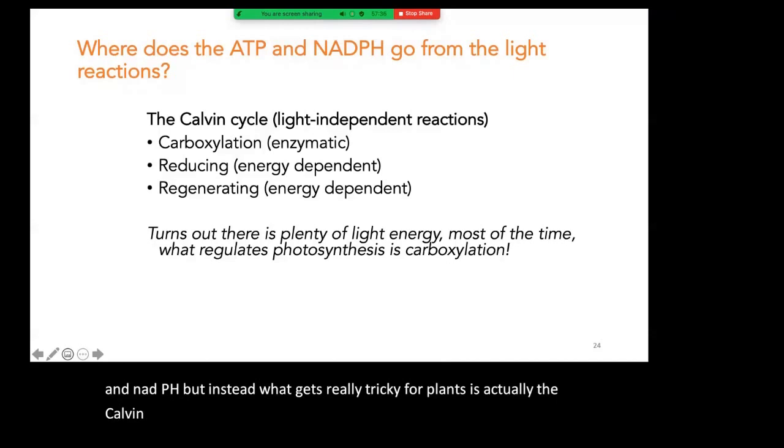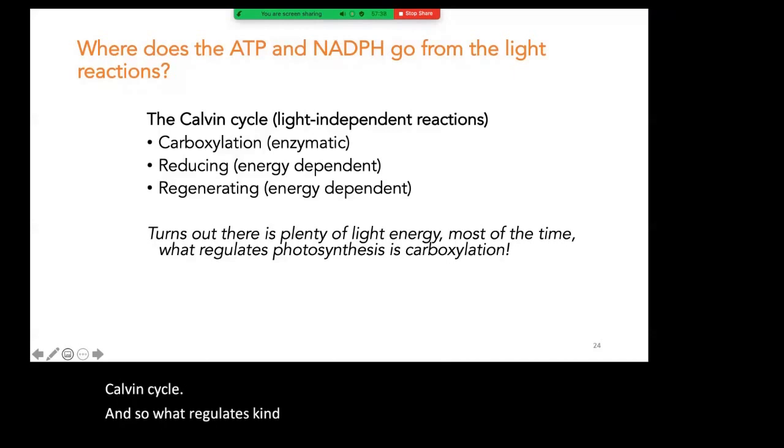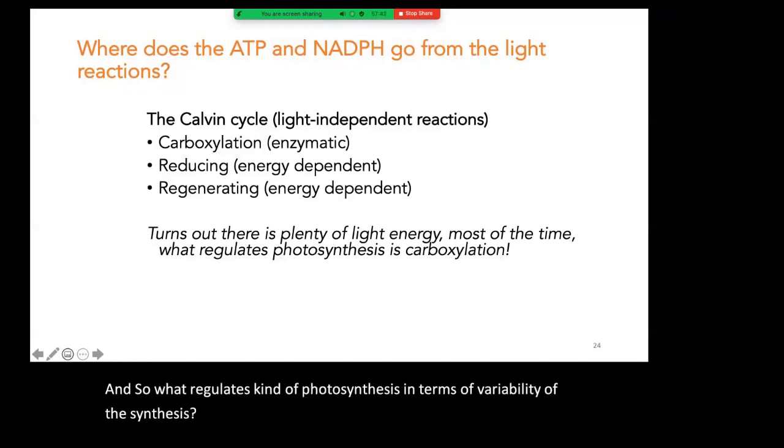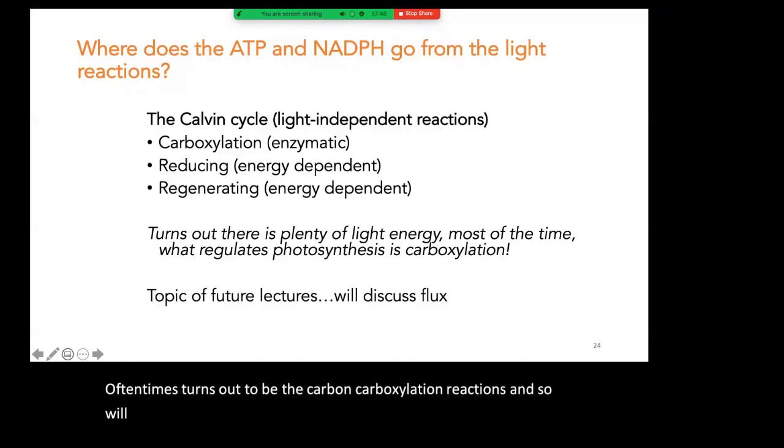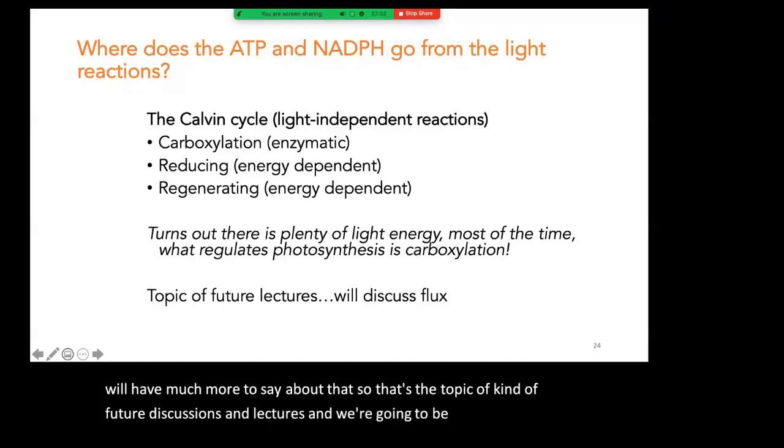And so what regulates variability of photosynthesis oftentimes turns out to be the carboxylation reactions. And so we'll have much more to say about that. So that's the topic of future discussions and lectures. And we're going to be putting all of these together.